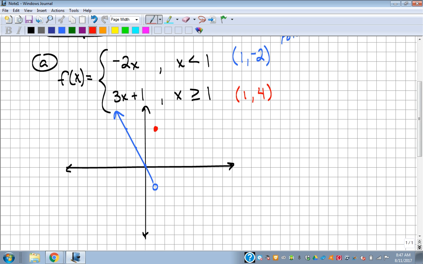So normally the y-intercept's 1, but that's not going to be part of our graph because our x values don't fit that. But we do know that the slope is what? 3. So we could continue this graph which direction? To the right, because it's greater than 1, up 3 over 1 a couple of times. And we get the graph of that piecewise defined function.